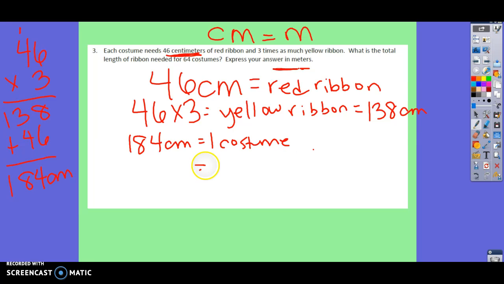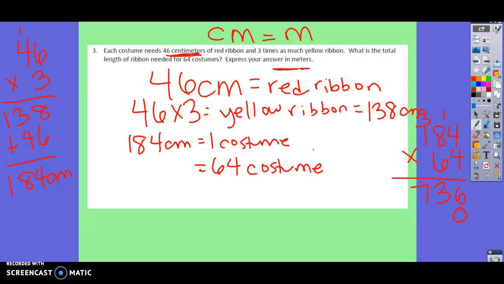Now I need to know how much for 64 costumes. Two-step word problem. So I'm going to take 184 and multiply it times 64. 4 times 4, I get 16. 8 times 4 is 32 plus 1, so 33. 4 times 1 is 4 plus 3 is 7.